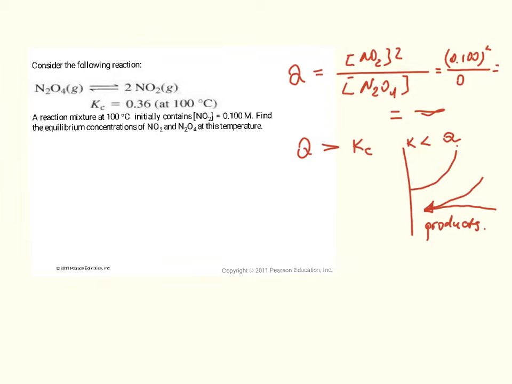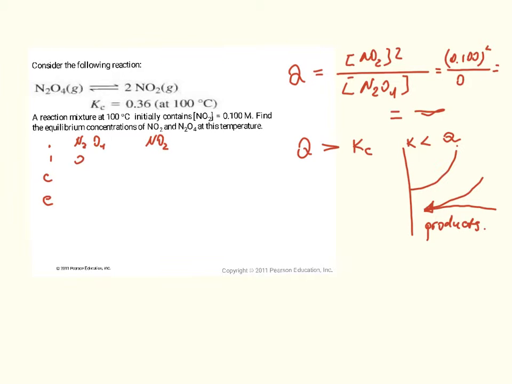And when we set up our ice table, we need to designate changes in concentrations of products with negative sign. Let us set up this ice table. So dinitrogen tetroxide and nitrogen dioxide.